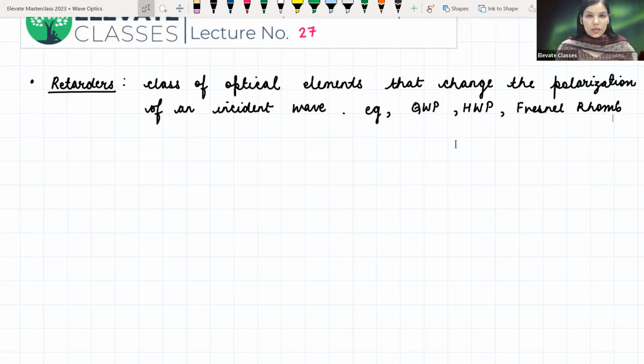So this working principle we already discussed in the last class. So I will just write down a couple of formulas that we should remember. So one thing I told in the last class was the optical path difference.